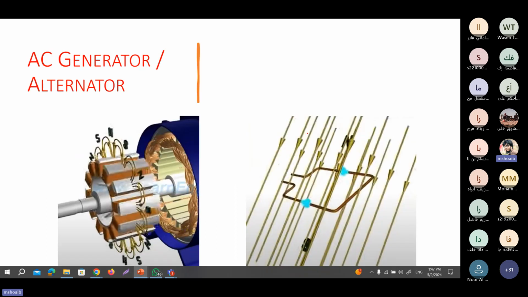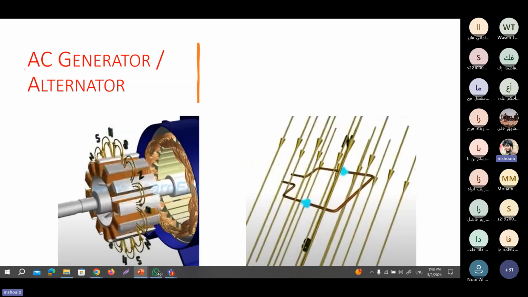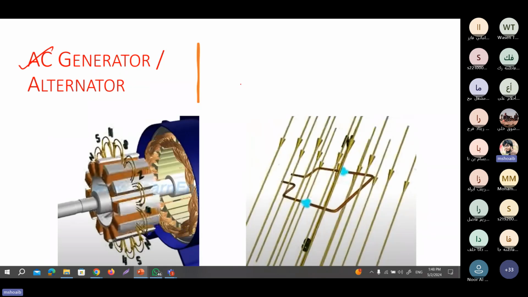Now, this was the case for the DC generator, where the armature, the conductor, was rotating, but the stator, the magnetic field, was not rotating. Now let's focus on the AC generator. The one I showed was DC. In the AC generator, exactly the opposite thing happens.